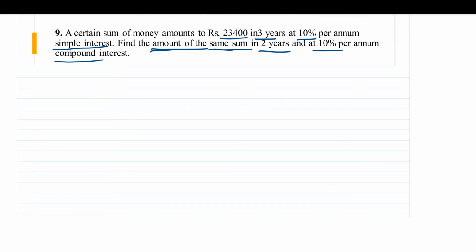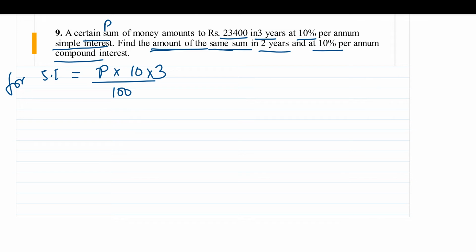So first condition, let's say for SI, simple interest, a certain sum, so it was not given. P into R into T is 10 into 3 upon 100.